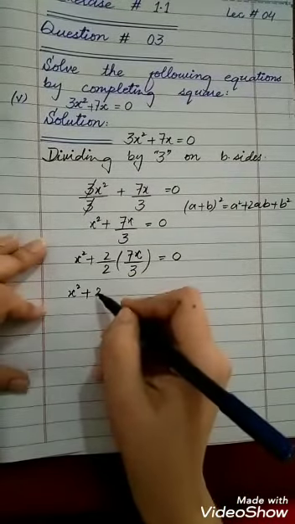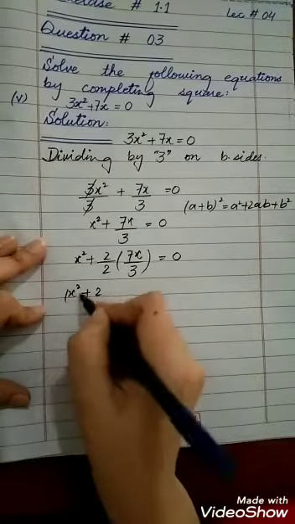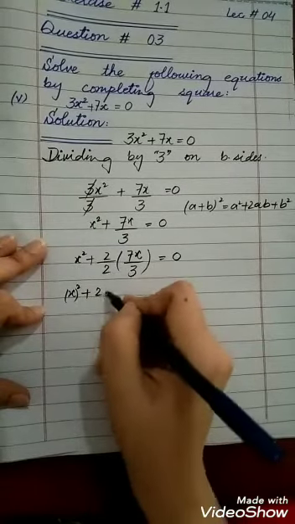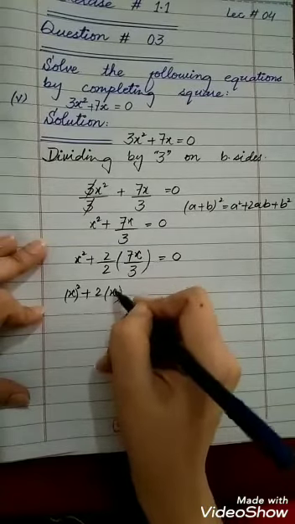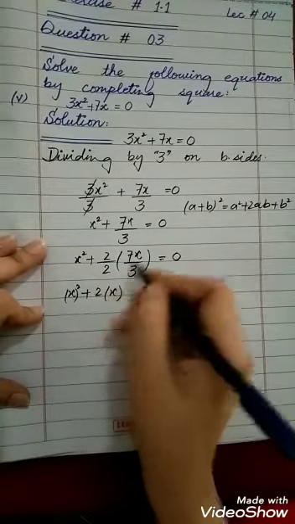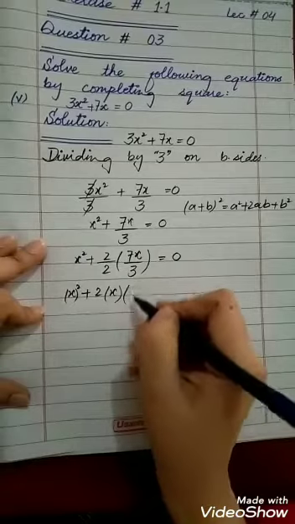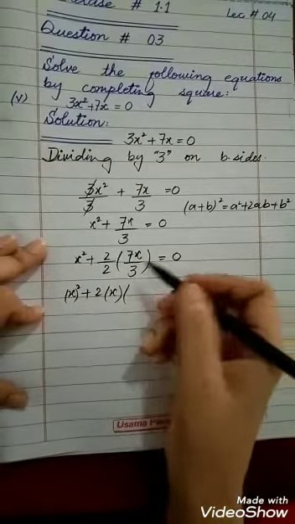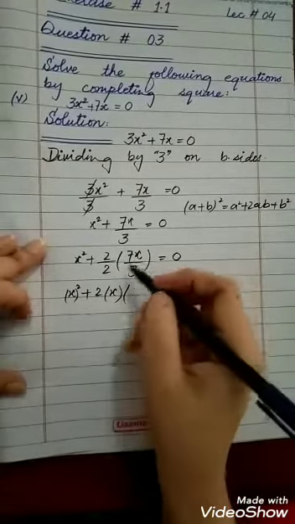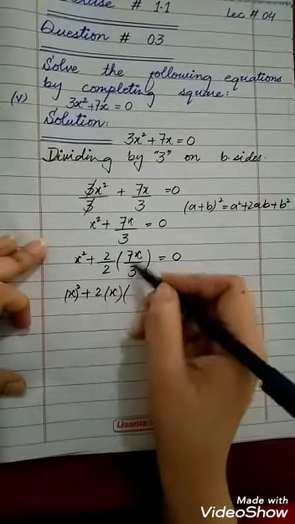We have taken 2 common: a square plus 2 times a, where a is x, into b. What is left? The left value will be b, because 2 has gone out and 7 has gone out.